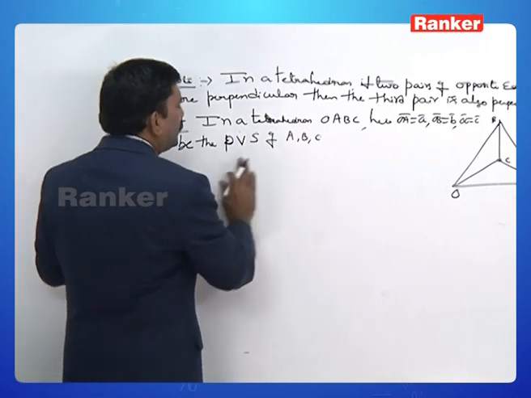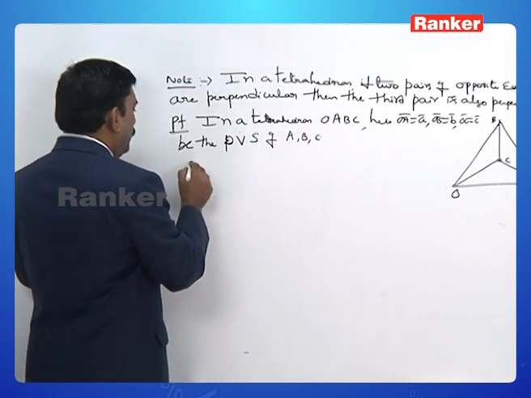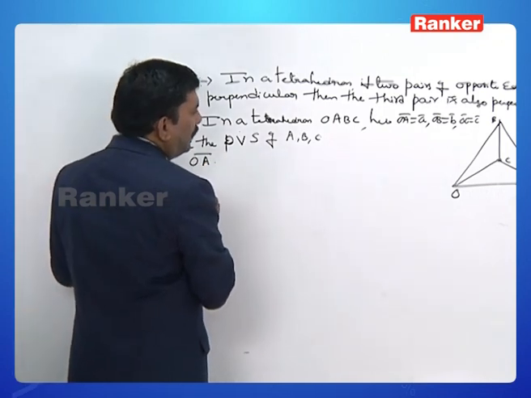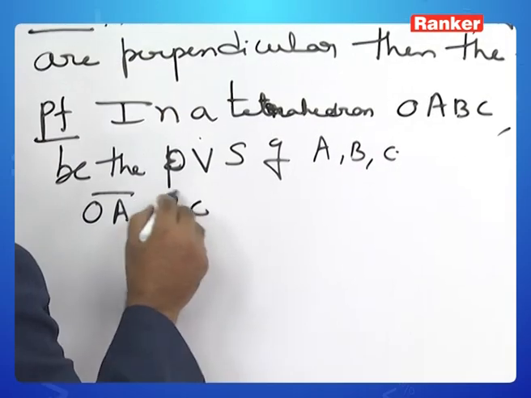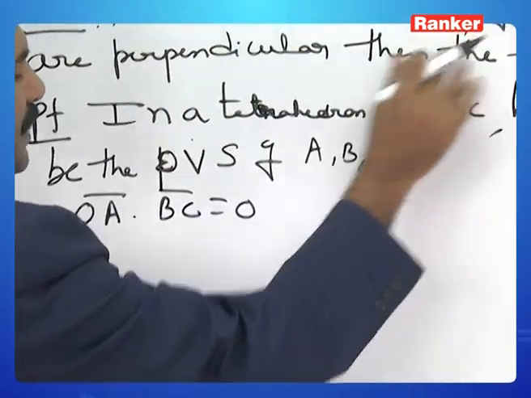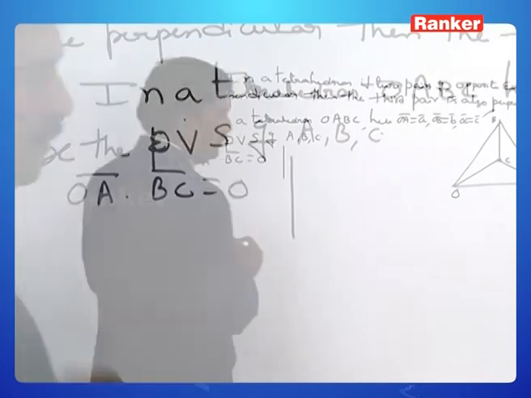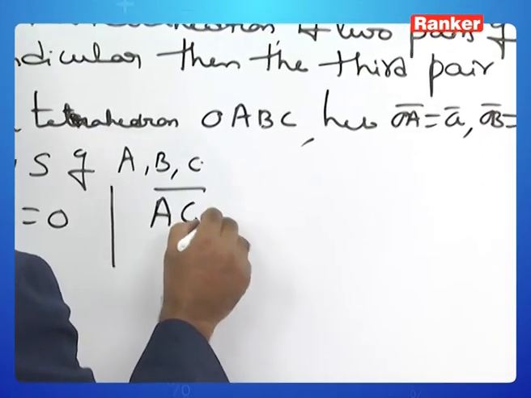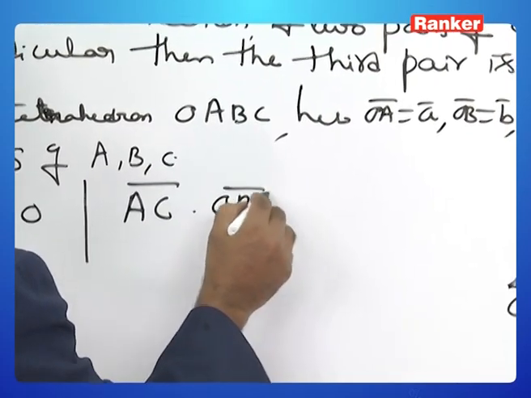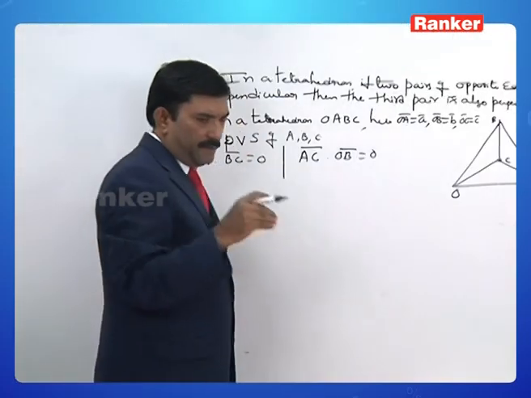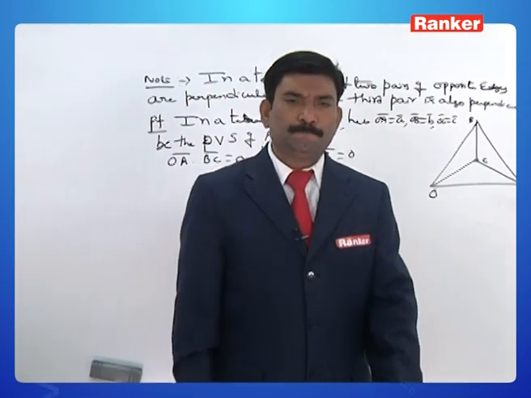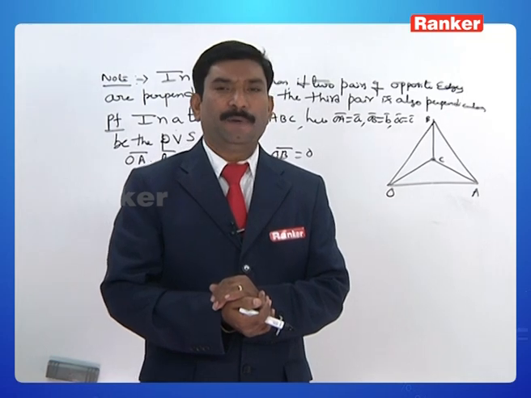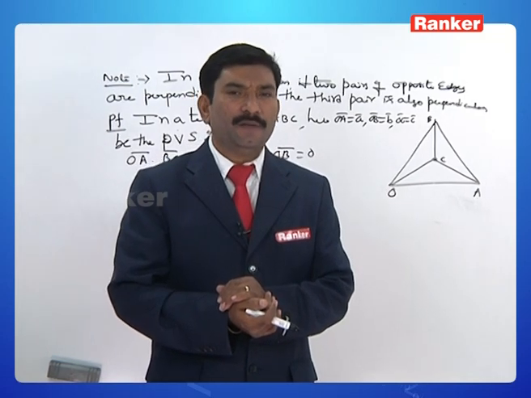Now I can write OA bar dot BC bar is equal to 0. Two pairs of opposite edges are given. Next, let us consider AC bar dot OB bar is equal to 0. Then we have to prove that the third pair is also perpendicular.